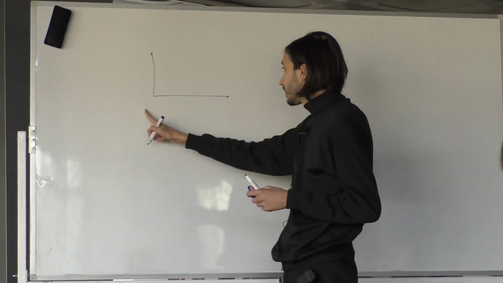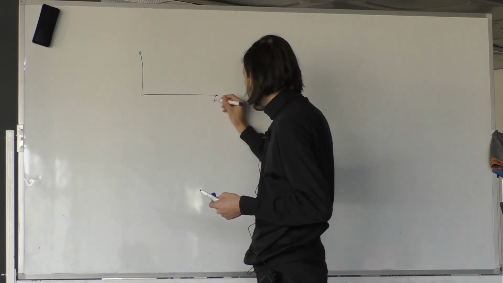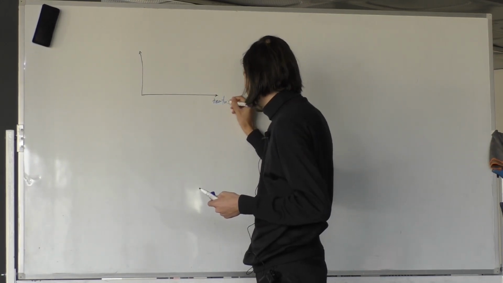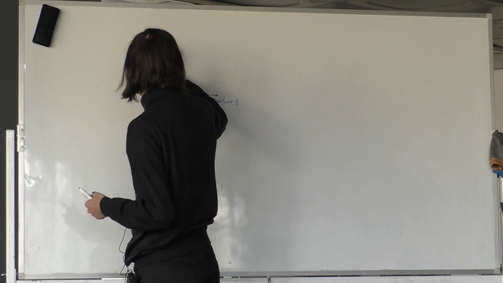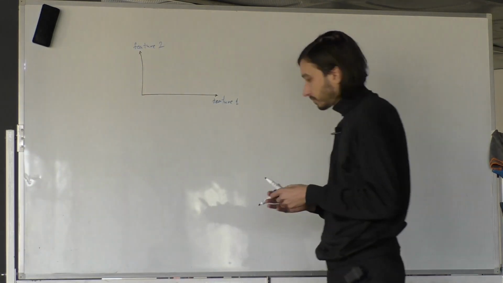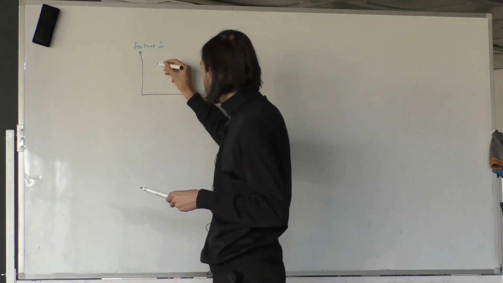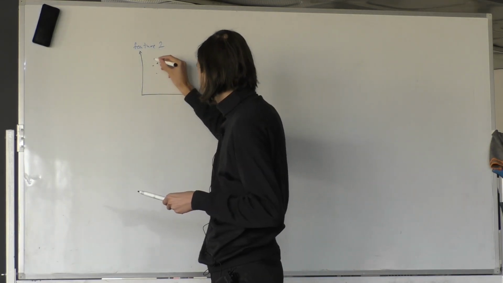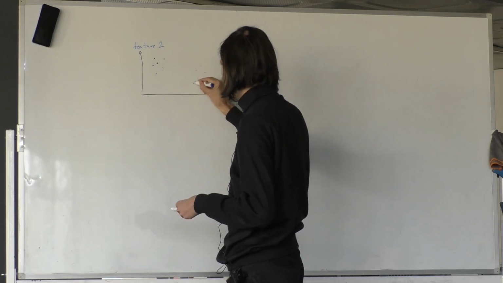The axes in this space designate some sort of features. So this is my feature 1, and this is my feature 2. And suppose I have a data set that looks something like this. So some points here and some points here.